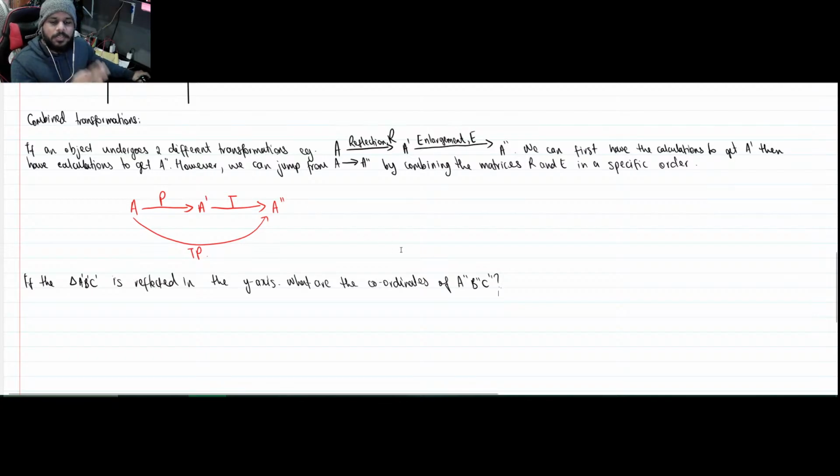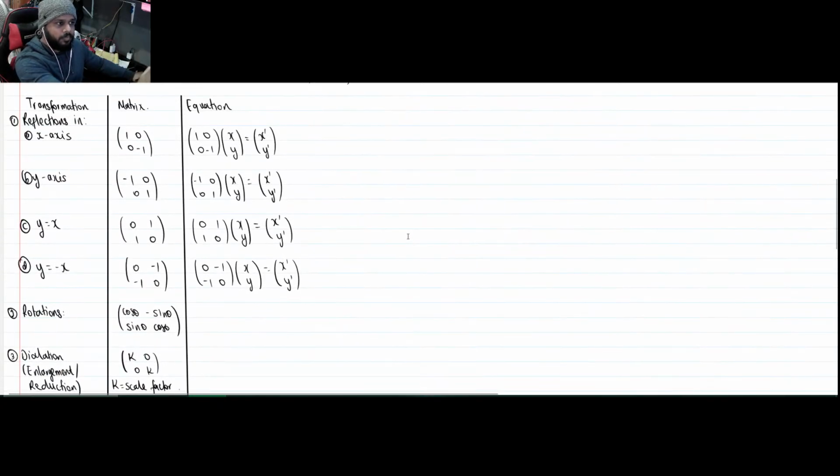We have ABC, we have A prime, B prime, C prime. We can get A double prime, B double prime, C double prime. The transformation is a reflection in the y-axis, which is -1, 0, 0, 1.